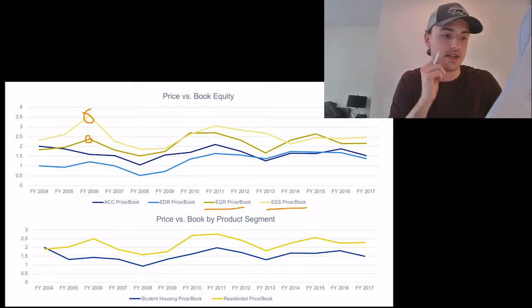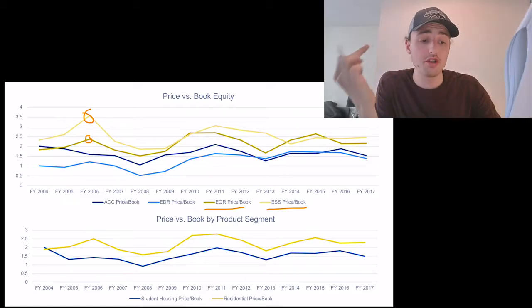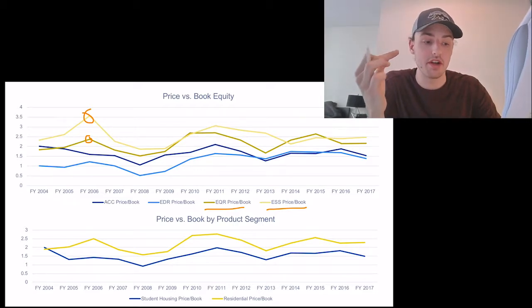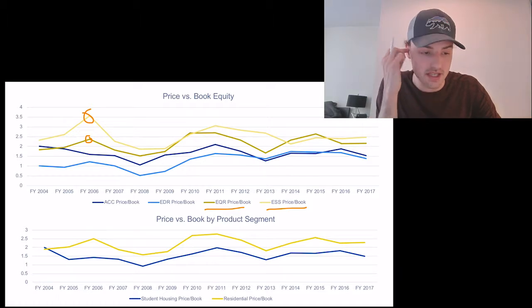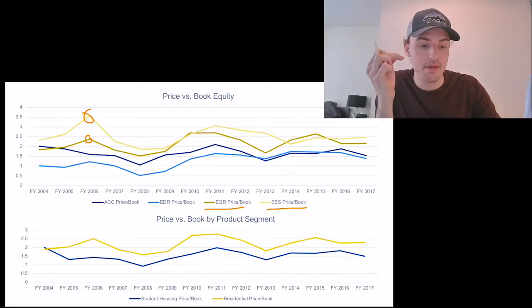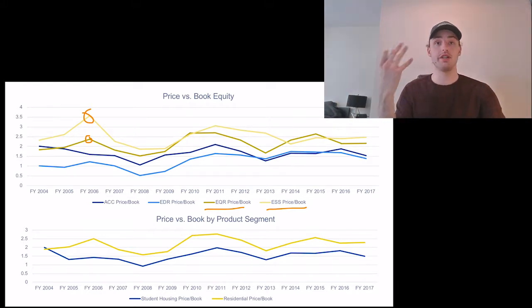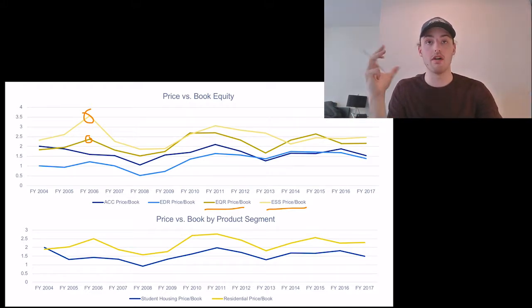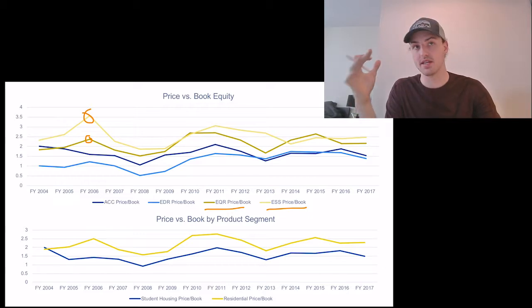EQR and ESS. Large REITs like this are required to revalue and state their asset values at the end of each fiscal year. That means even when the book value has been adjusted to actually reflect the market value of those assets based on precedents, right?